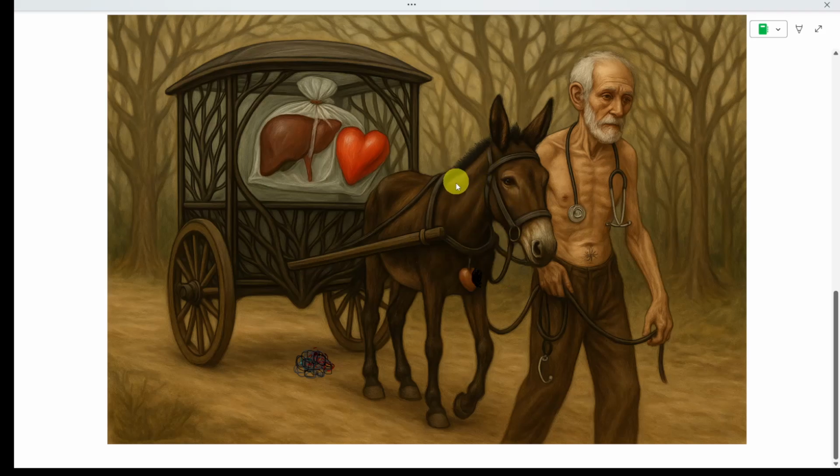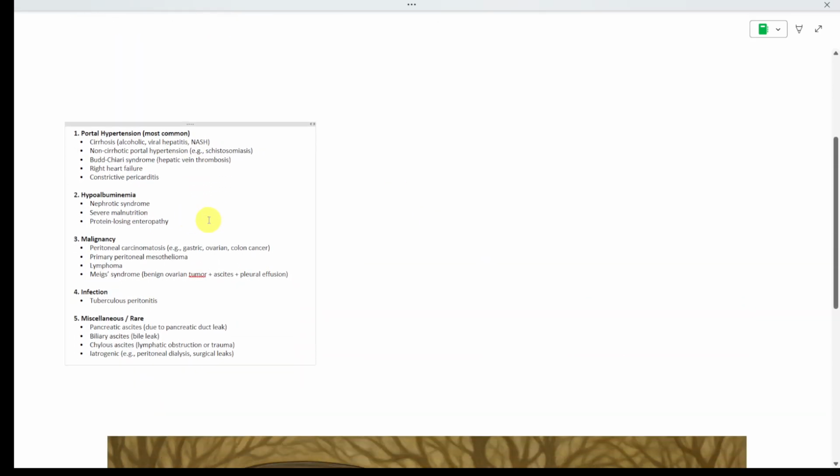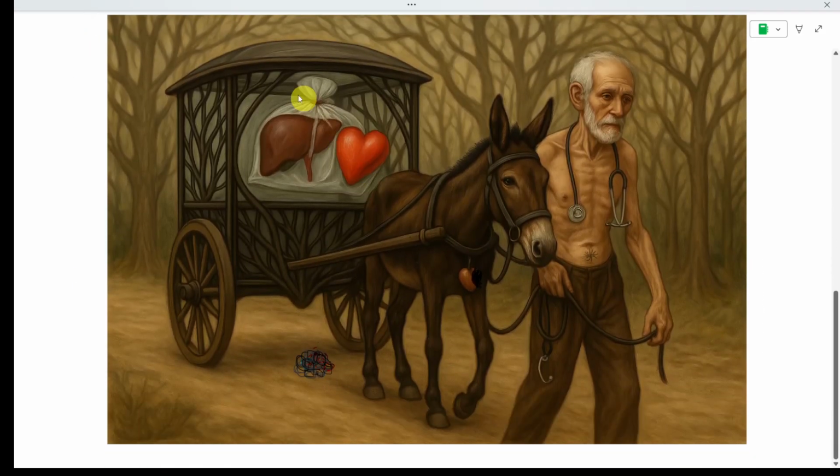Now starting with cause number 1, the first and foremost cause is portal hypertension, which is the most common cause. This is going to help you remember portal hypertension, this porter that the S is dragging along. In this porter you can see the first and foremost structure is the liver. Liver cirrhosis causes portal hypertension. This cirrhosis could be due to any reason.